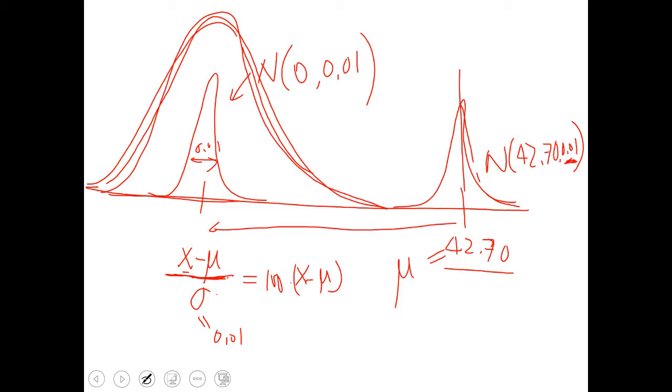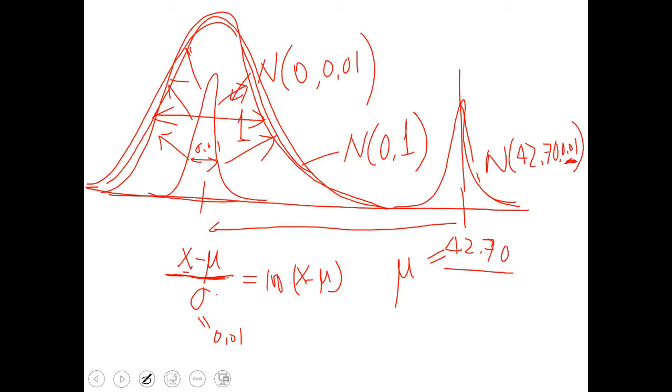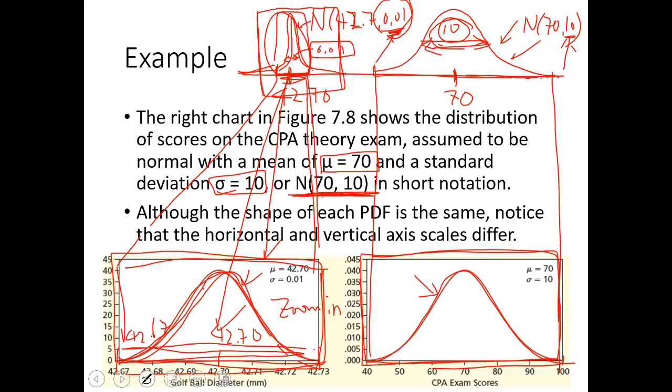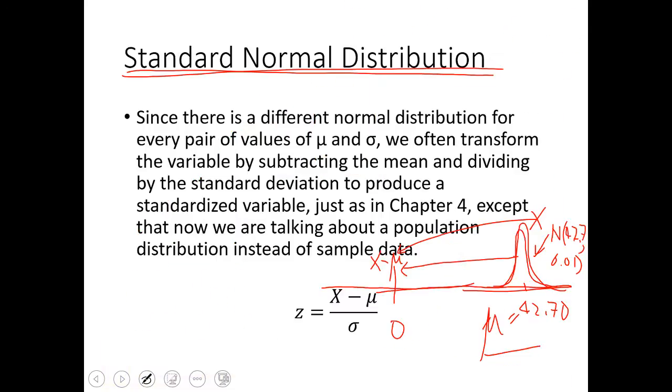Here is 0.01, but it becomes 1. Okay, so it is enlarged. So then this new distribution is a normal distribution with zero mean and standard deviation 1. Okay. So that is the idea.